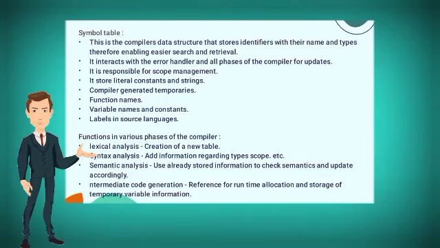Functions in various phases of the compiler: lexical analysis, creation of a new table; syntax analysis, adds information regarding type, scope, etc.; semantic analysis uses already stored information to check semantics and update accordingly; intermediate code generation, reference for runtime allocation and storage of temporary variable information.